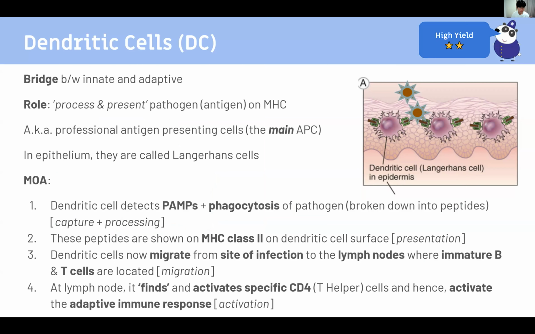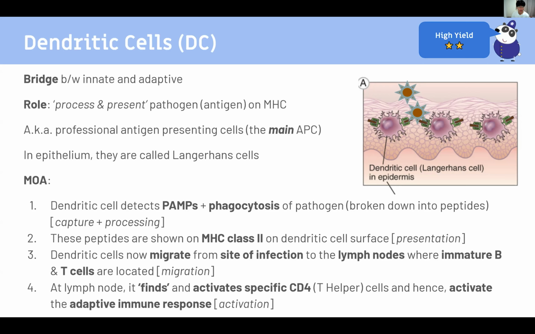Their function is to process and present pathogen antigen on the MHC markers. These are also called professional antigen presenting cells, or the main antigen presenting cells. And if you find them in epithelium, they are called Langerhans cells. That's just a different name if they are in the epithelium.